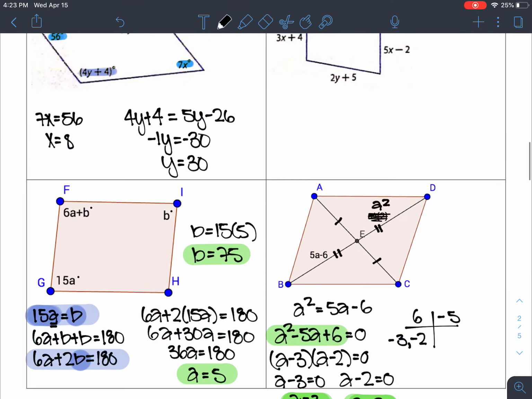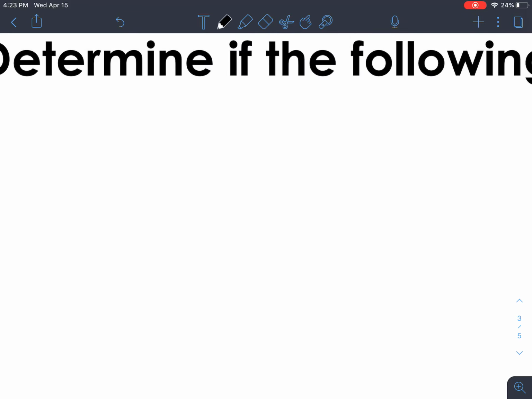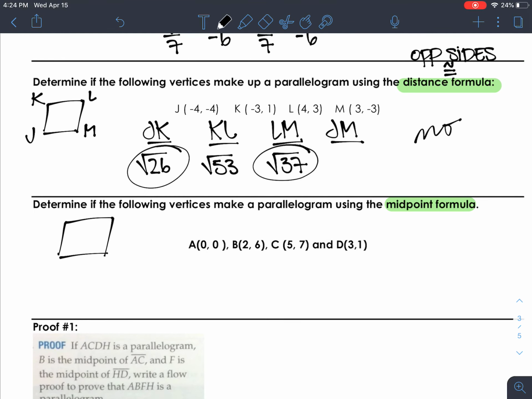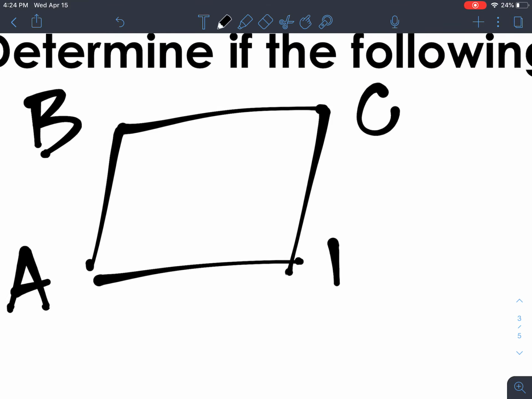So on this one, we're going to focus on the midpoints of the diagonals. I'm going to sketch my quadrilateral, starting down here and doing A, B, C, D. My diagonals are going to be BD and AC.